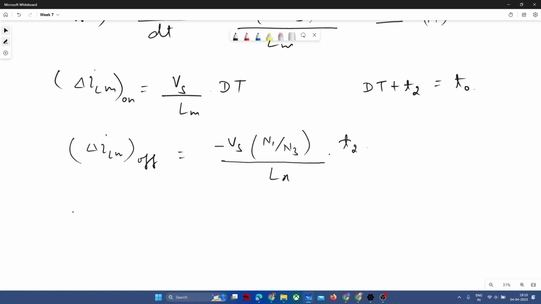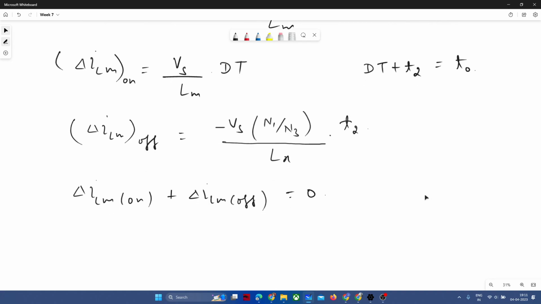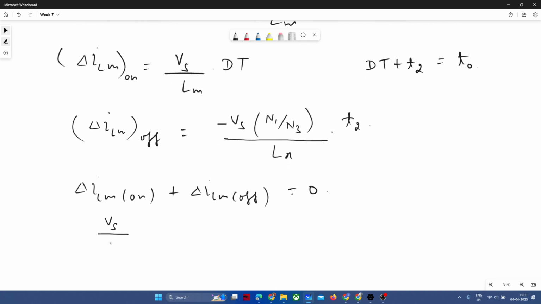When you add del ILm on plus del ILm off, we will get a certain relationship: Vs by Lm into dt plus, sorry, minus Vs into N1 by N3 by Lm into t2 will be equal to 0.